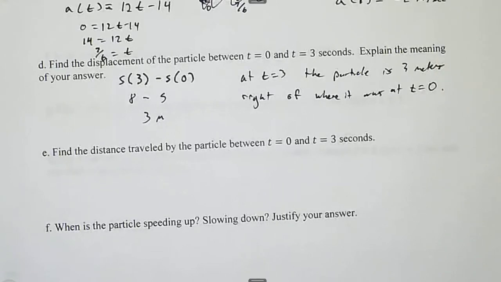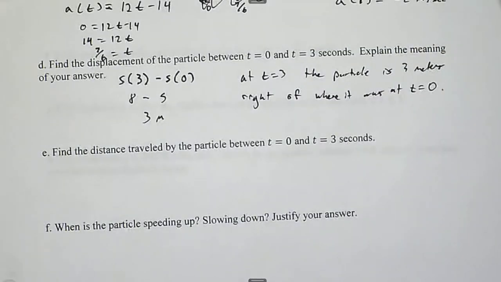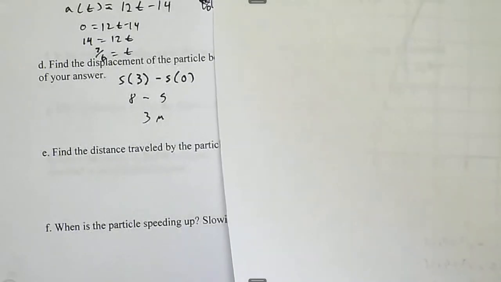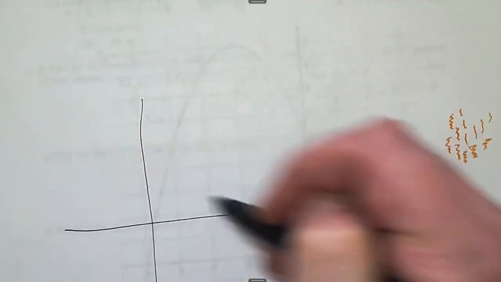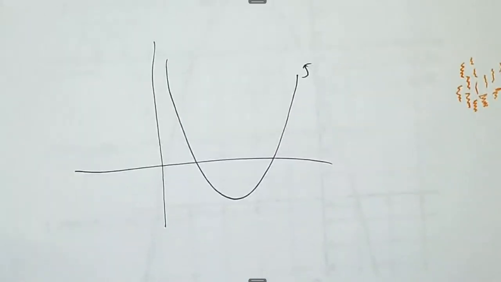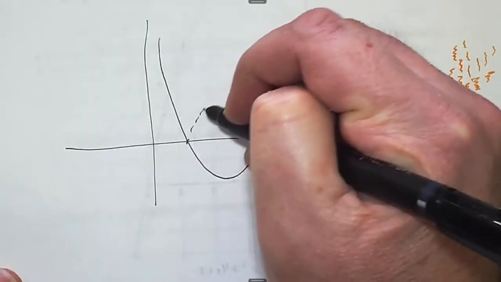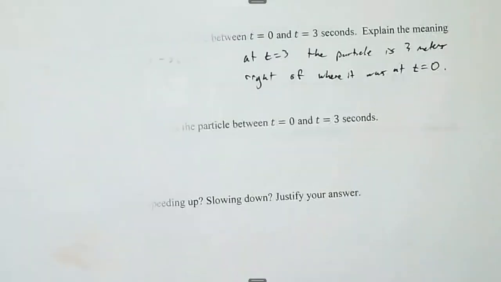To be more precise, the distance traveled is found by the absolute value of the displacement curve. So if I have a curve like this, and this is my position, I need to find its change in absolute value. So it's a little bit different, okay?